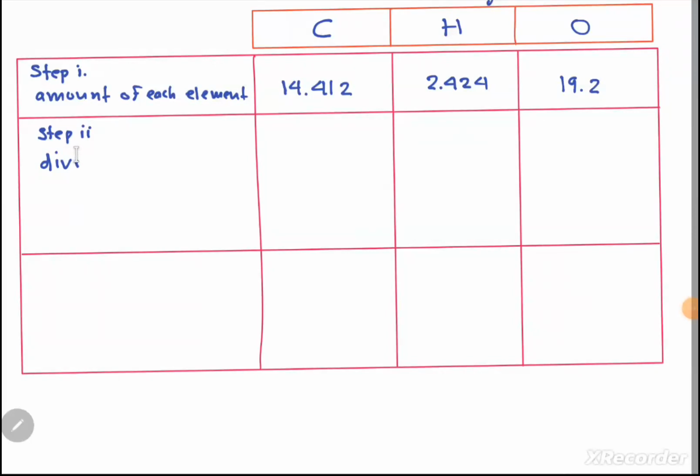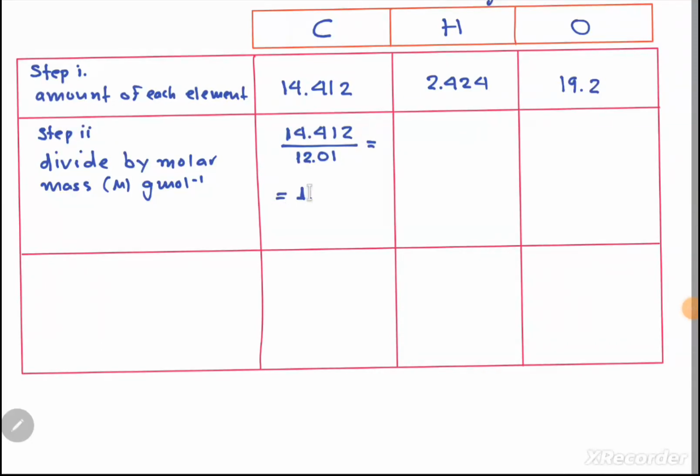Each amount divided by molar mass of element. So we have the mass of carbon divided by molar mass of carbon, and this is 1.2.